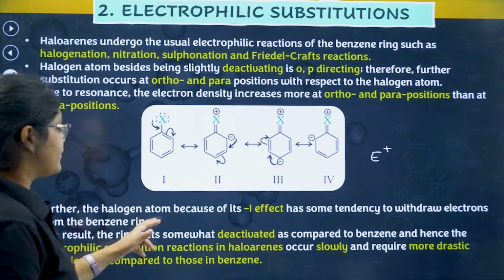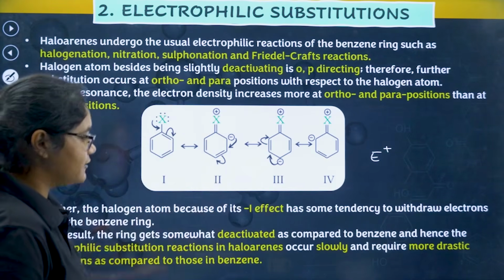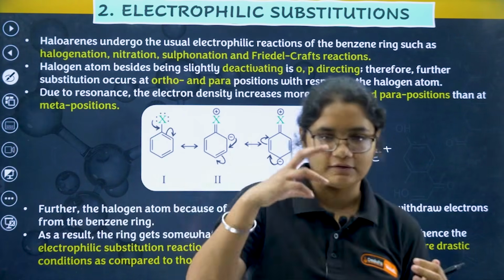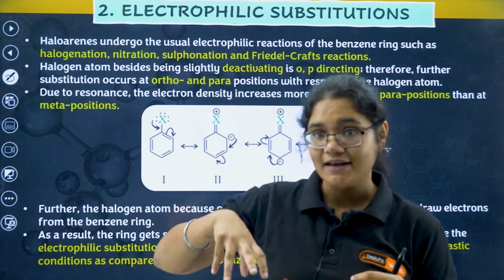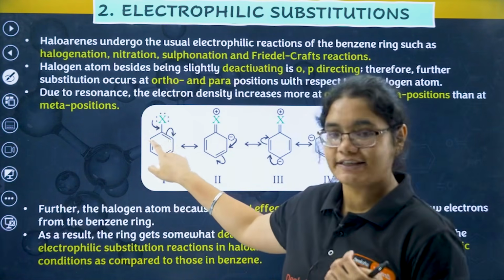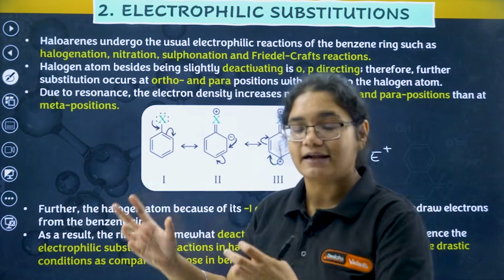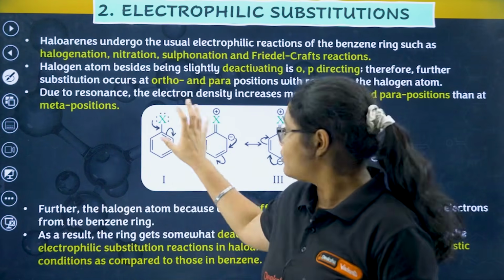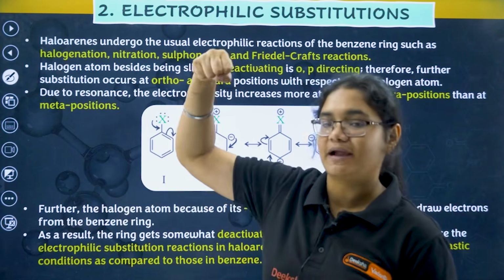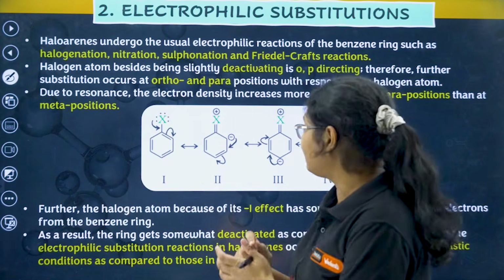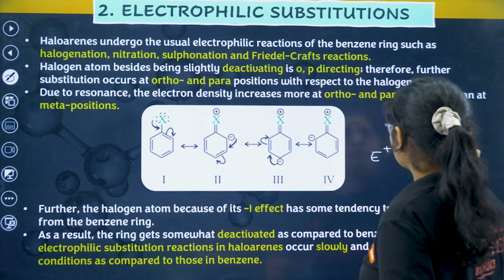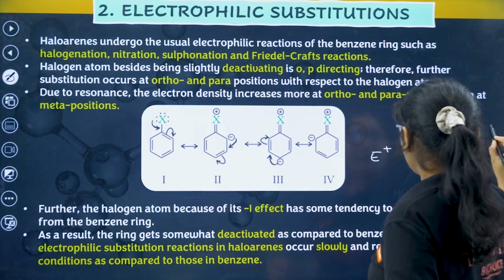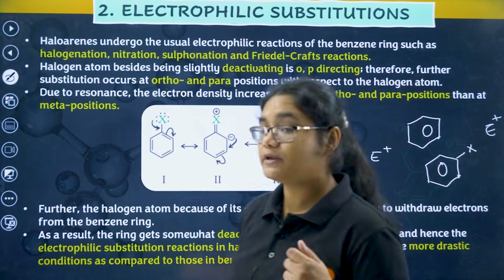Further, the halogen atom, because of its minus I effect, has some tendency to withdraw electrons from the benzene ring. Because of its plus R effect, its electron donating nature, it will direct the incoming electrophile to ortho and para positions, but it also deactivates the ring because of the minus I effect. Now if I compare a normal benzene and a haloarene with an electrophile, which will be more reactive?